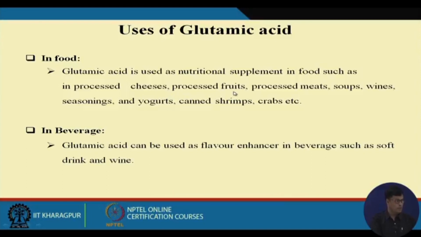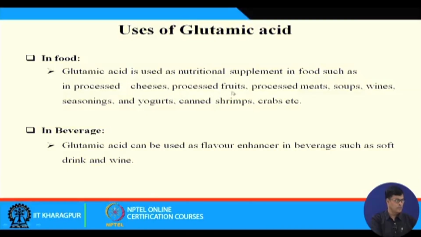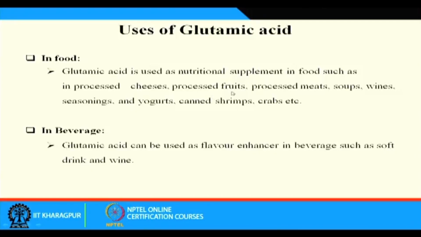And processed food, we know, we now have several kinds in our market, because whatever food is available in a particular season, due to the invention of canned and processed food, it is possible to have it throughout the year, because we can preserve it.